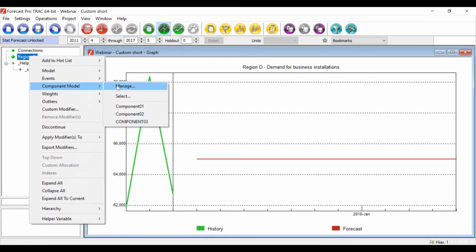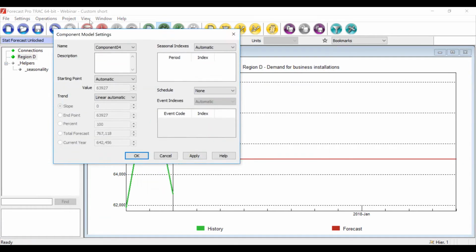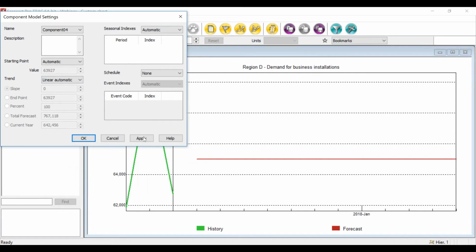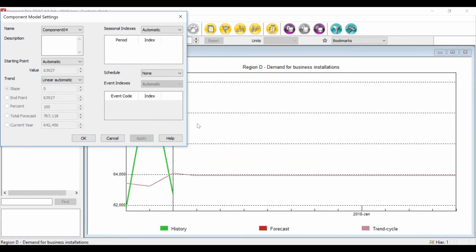Okay, so now I'm going to bring it up here. It's the same dialog box we saw before. But now I'm going to look at the components, and I'm going to say, well, hey, the seasonal component is empty right now, and that's unacceptable because I know that this series is seasonal. So I'm going to not do automatic.